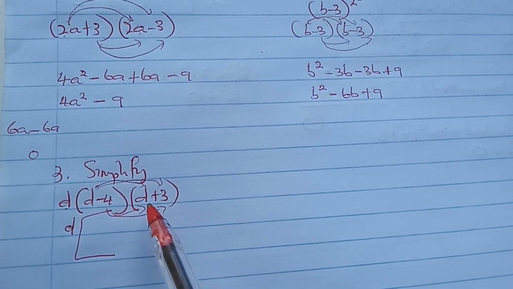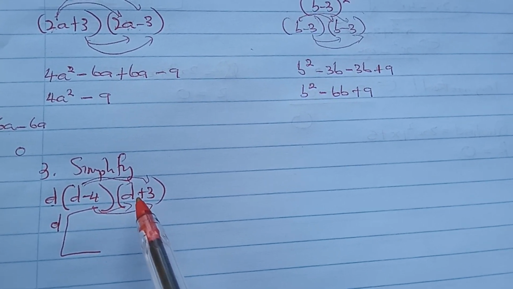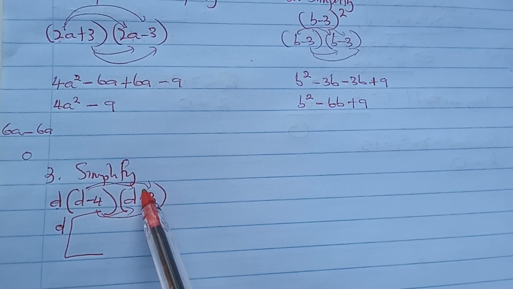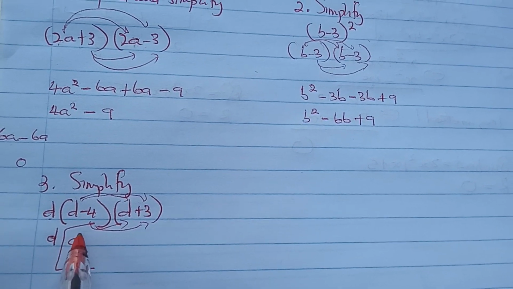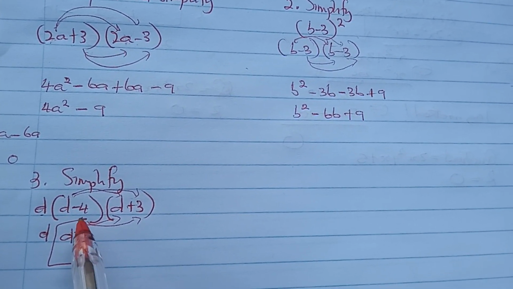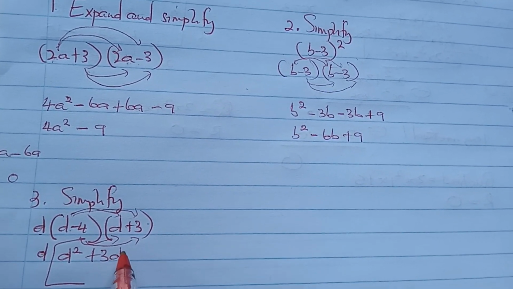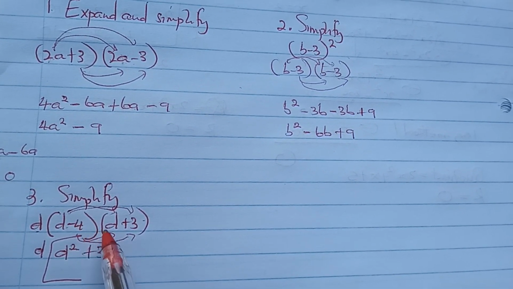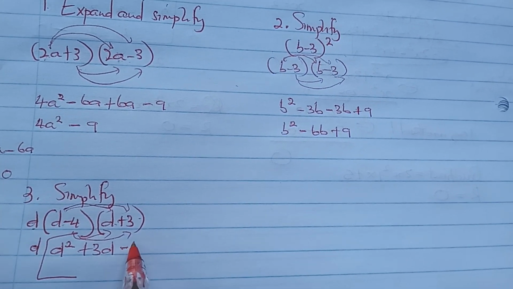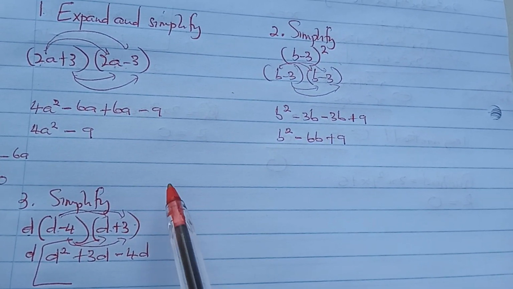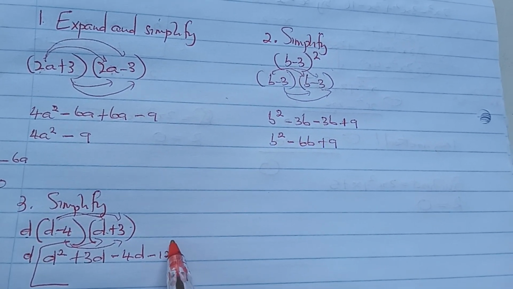Now let's continue. d by d, the answer is d to the power of 2, and then d by 3, the answer is 3d. And then we move on to -4 by d, the answer is -4d. And then that -4 by a positive 3, the answer is -12.